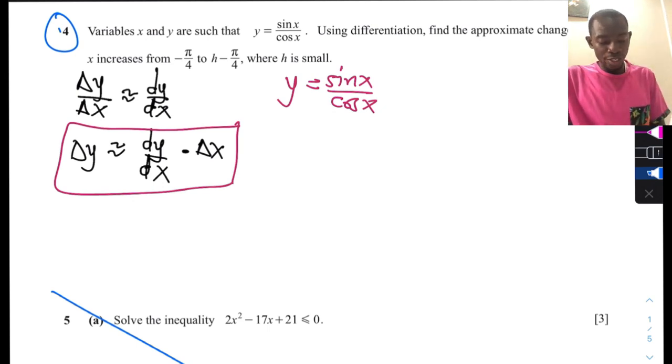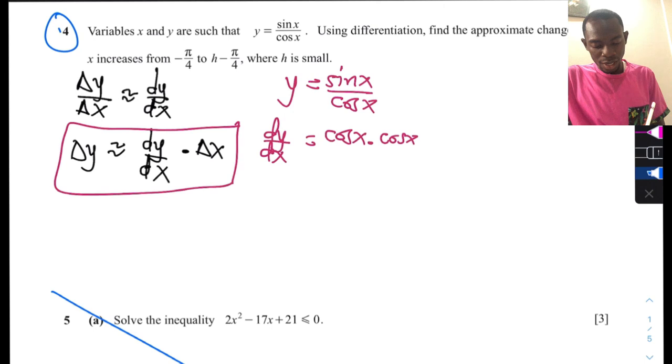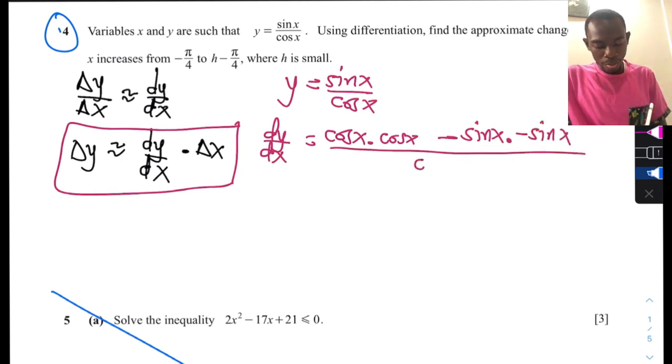First, your dy dx: differentiate the sine, that gives you cos x. Then you keep the denominator, that's cos x. And then minus, now you keep sine x constant, and then you differentiate cos x, and that would be negative sine x, all over cos square x.